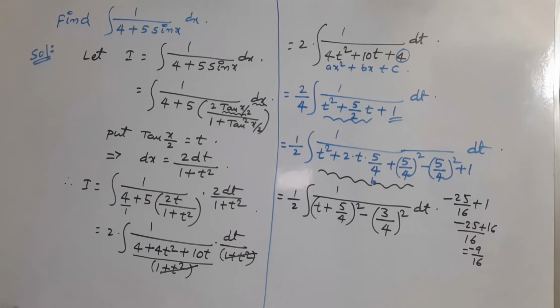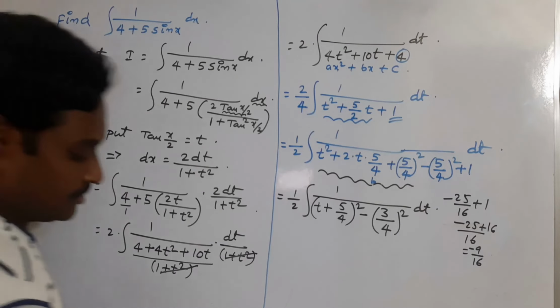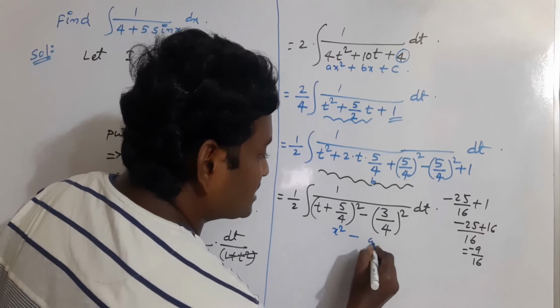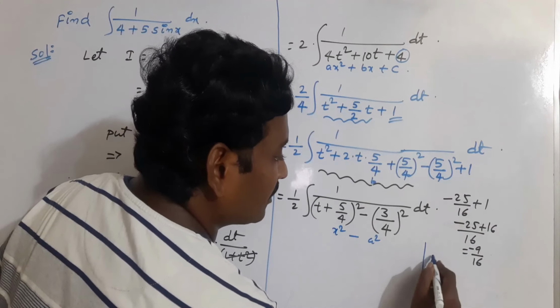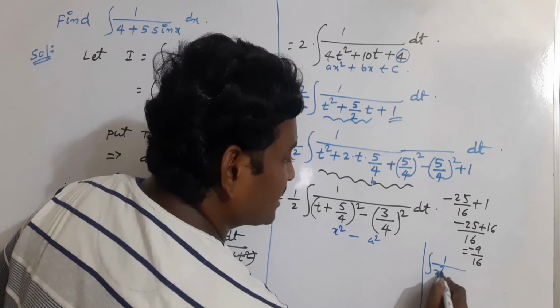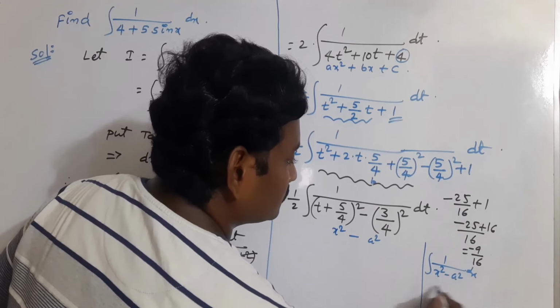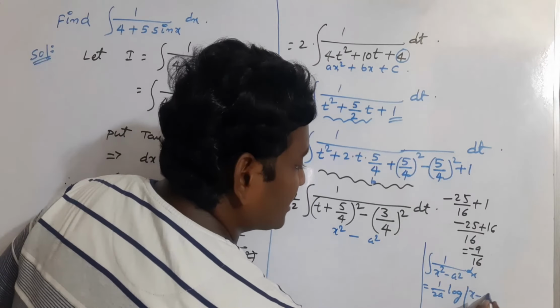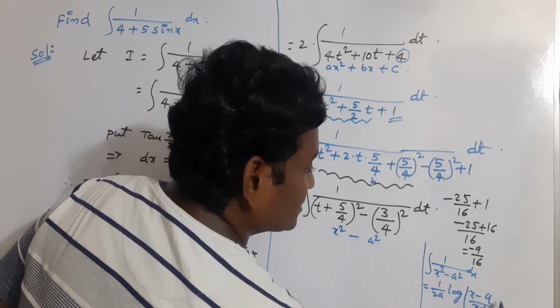So we are observing that this is in the form of integration 1 by x square minus a square form. What is the formula for integration of 1 by x square minus a square? 1 by 2a into log mod x minus a by x plus a plus c.